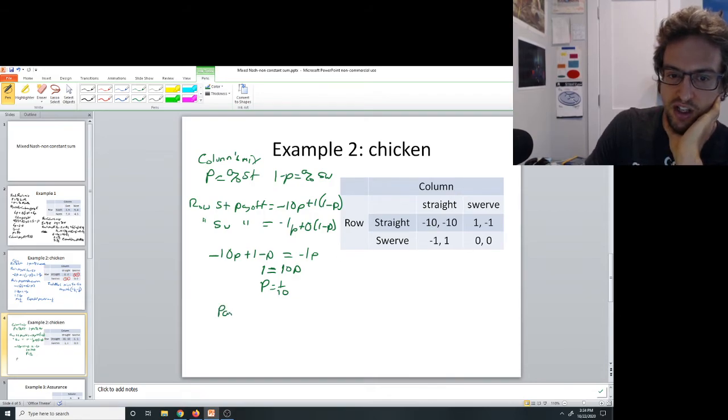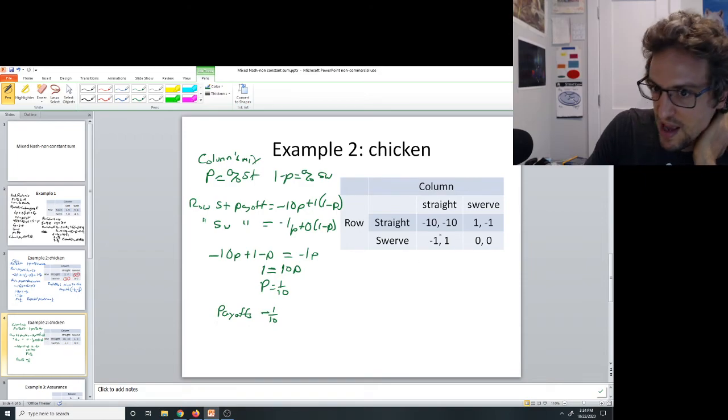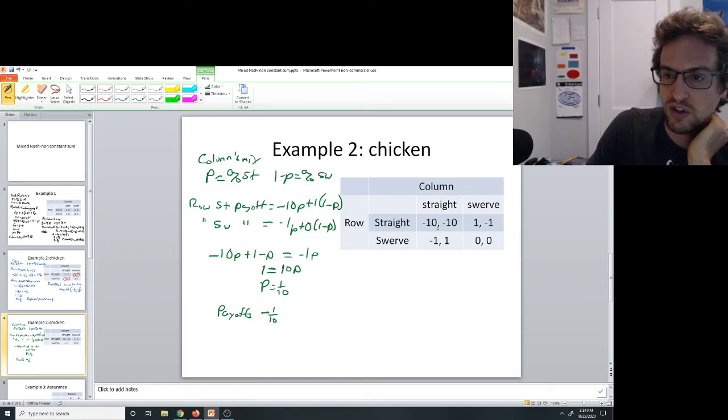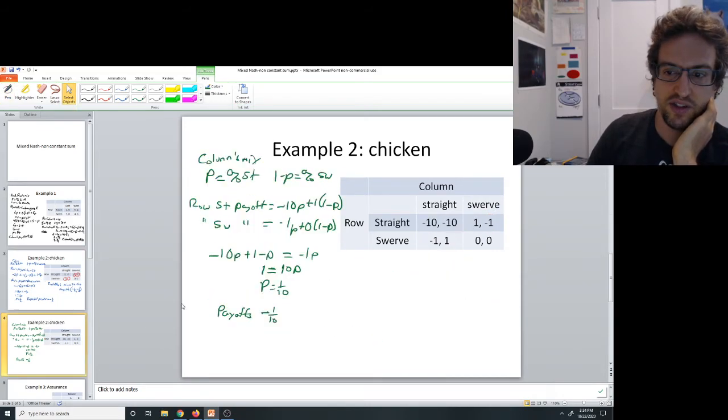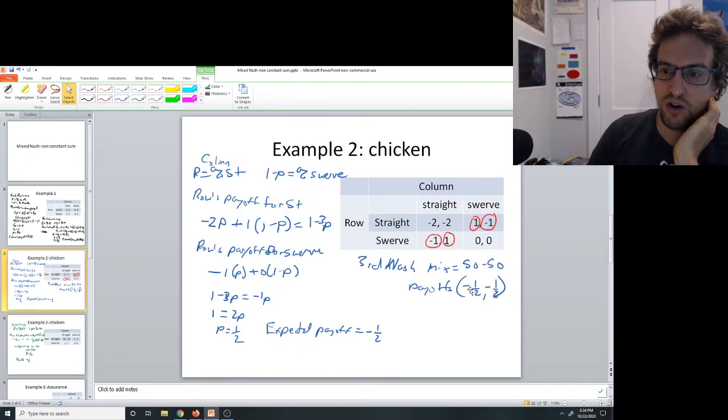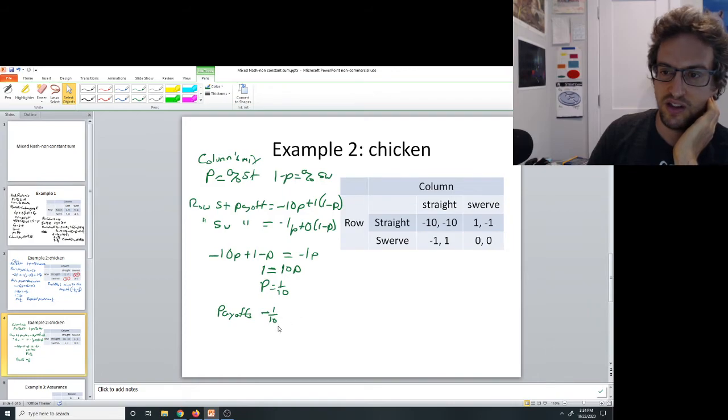The expected payoffs, if I plug in 1/10 for that, it's -1/10. So by making this straight payoff much worse, we end up at 0, 0 a lot more, which means our payoff is just -1/10. Okay, so by making the payoff for crashing much worse, from -2 to -10, the payoff for this third Nash, the mixed one, goes from -1/2 to -1/10, which is sort of an interesting outcome, right?